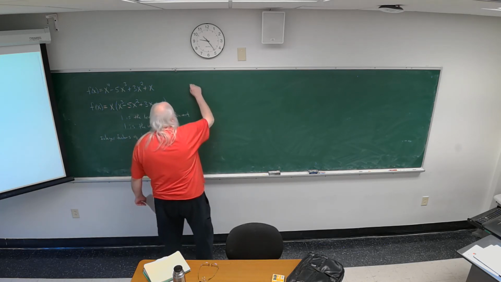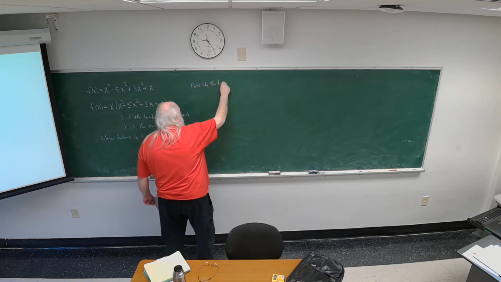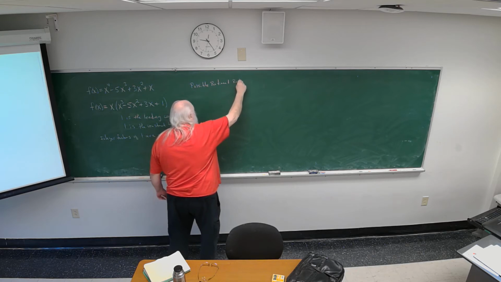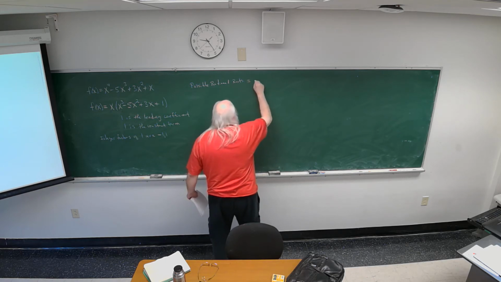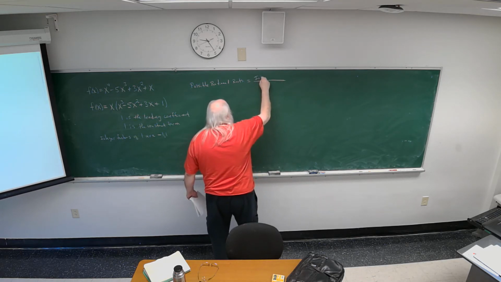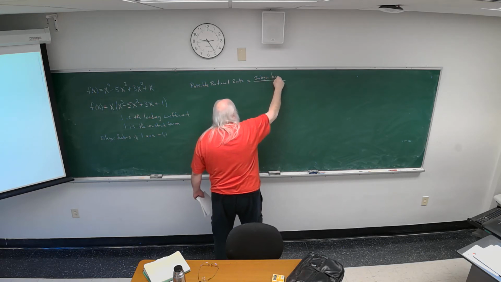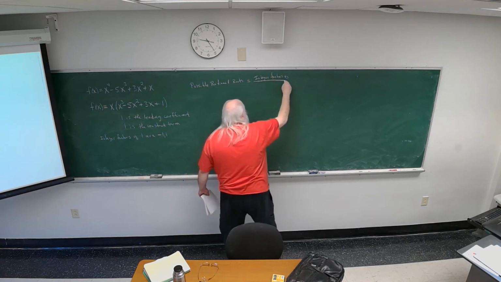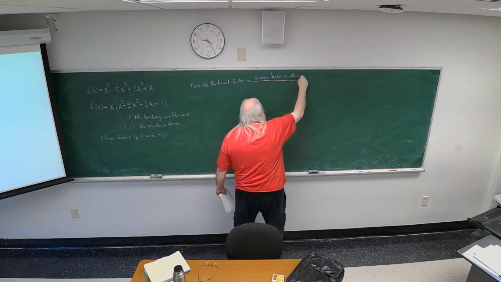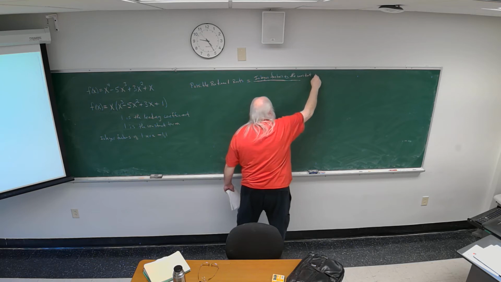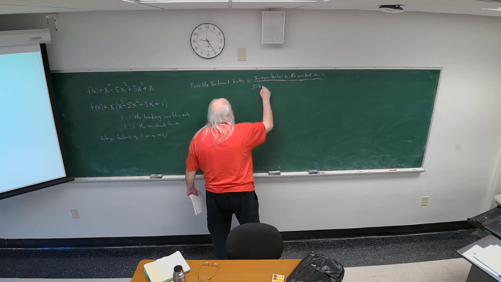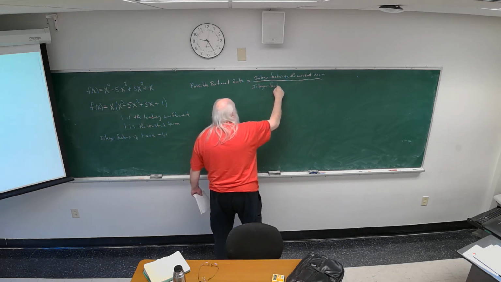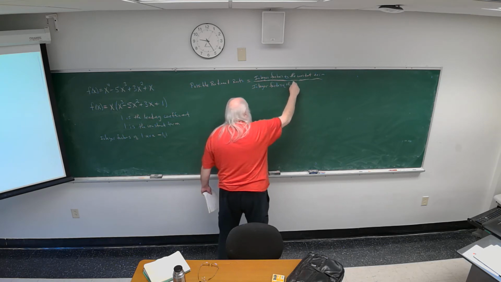So remember the possible rational roots from page 1 are the integer factors of the constant term divided by the integer factors of the leading term.